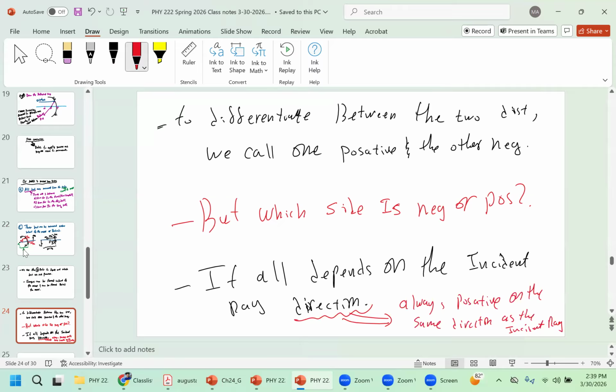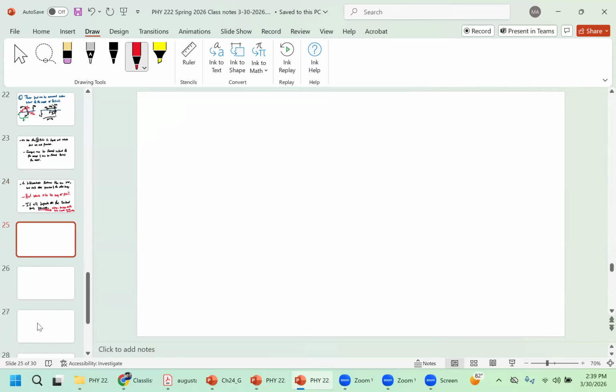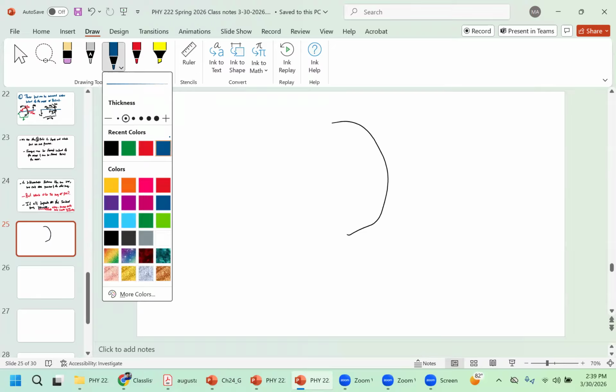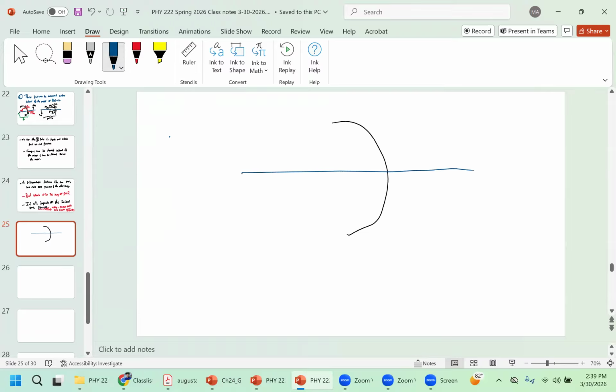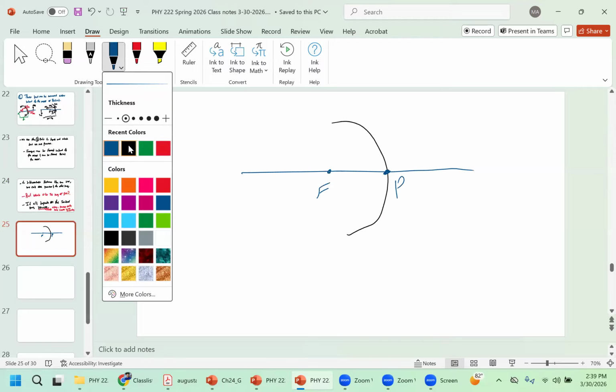Okay, what does that mean? All right. Well, let's say here's my mirror. I don't like this mirror, I can draw one better than that. Let's say there's a mirror. Here's my principal axis. Here's my normal line. Here's my P. Here's my F. And I got an object over here, right?